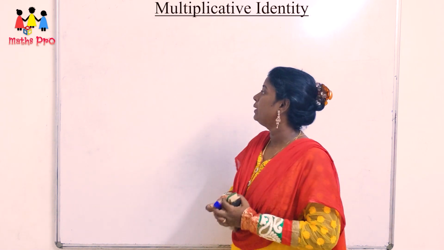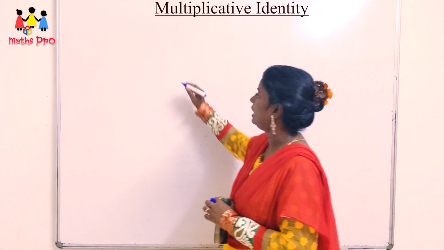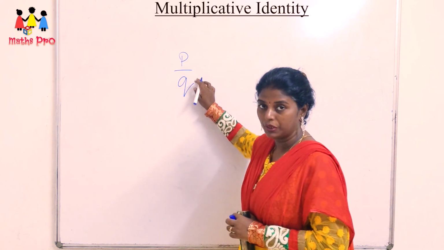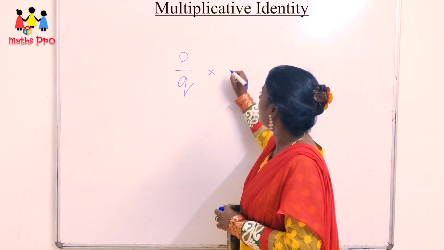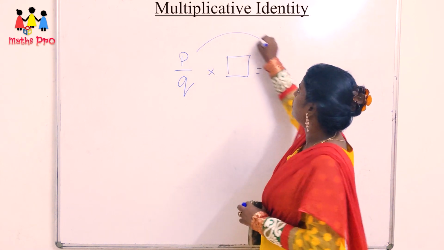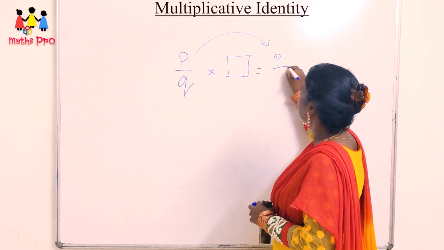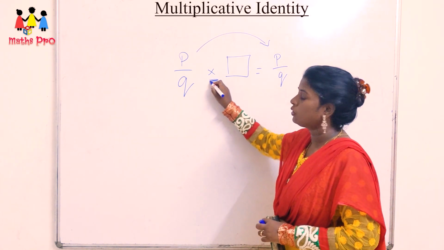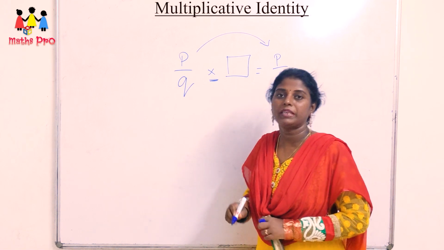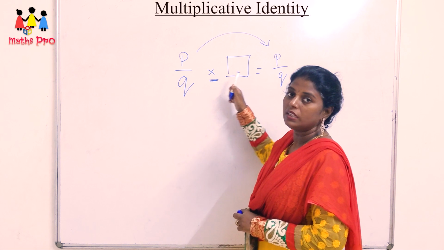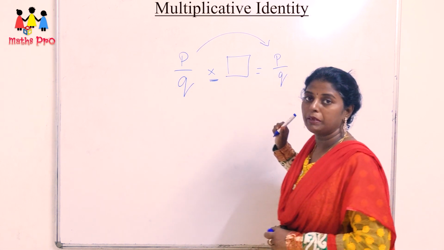That is, when a number, it may be a rational number p by q, is multiplied with some number, it gives the same rational number p by q. So here we are talking about the multiplicative identity: p by q is multiplied with some number and gives the same p by q.